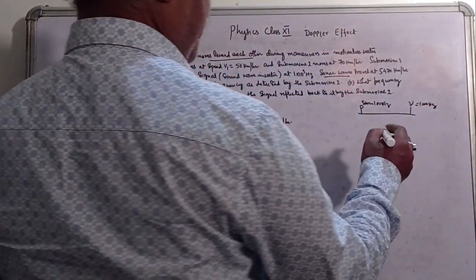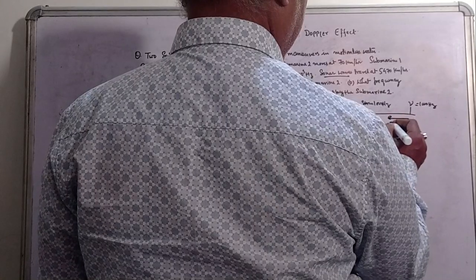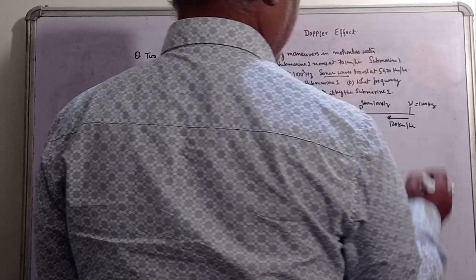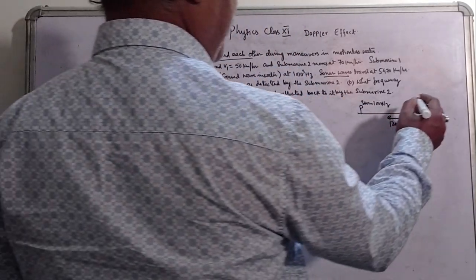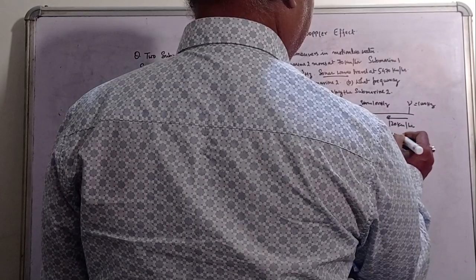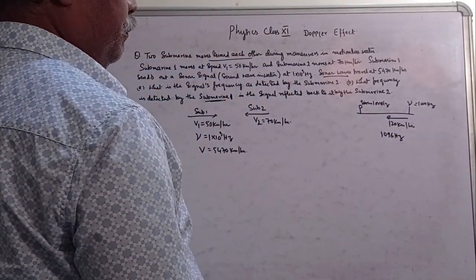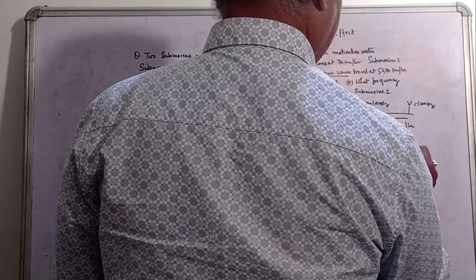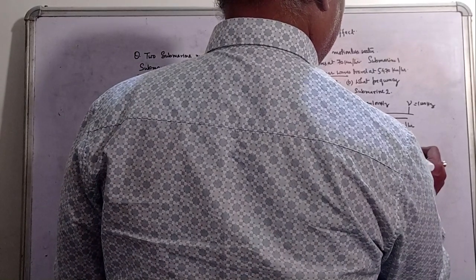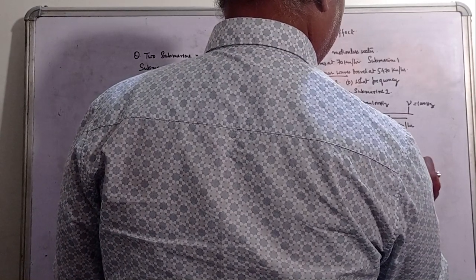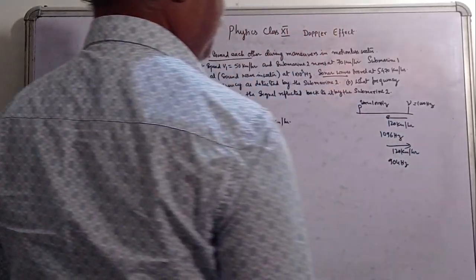Now suppose this person is moving towards the police person with a speed of 120 kilometer per hour, then the frequency heard by this person will be 1096 hertz. That means there is an increase in frequency. But if he moves away from the police person with the same velocity, he hears a frequency of 904 hertz. So there is a decrease in frequency.